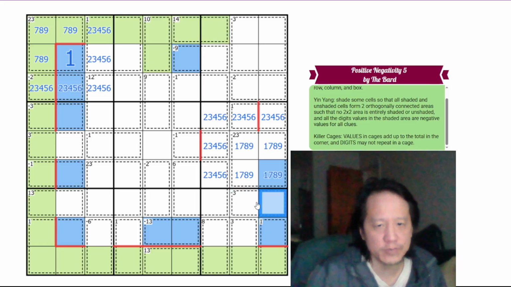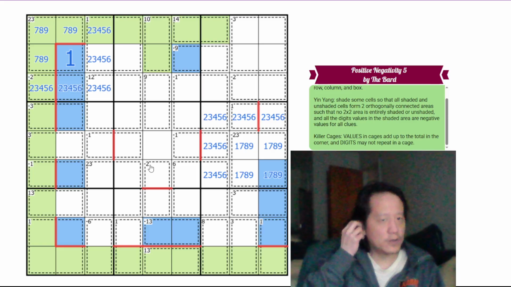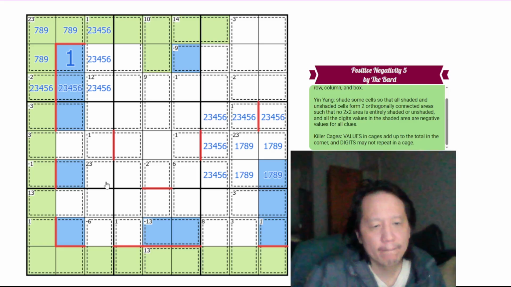Negative 3 could be here and could be the same. Negative 2 is split. Negative 1 is split. Negative 1, we don't know about that. These 3 digits minus this digit is 1.